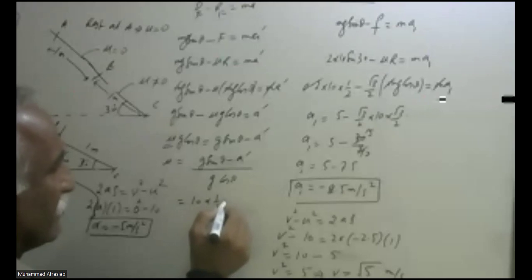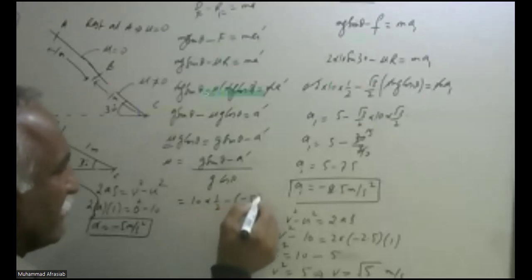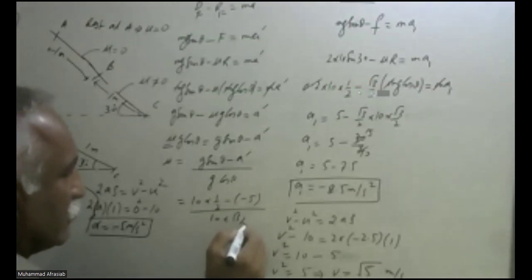Now g is 10, sin theta is half, minus a dash is minus minus 5, divided by g is 10 and cos theta is root 3 over 2.